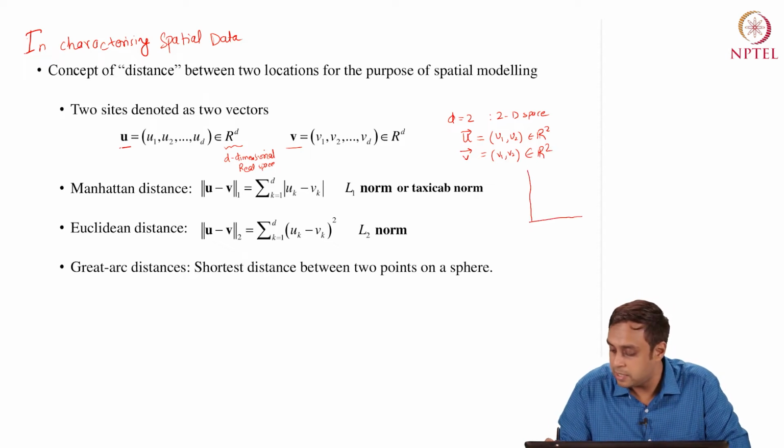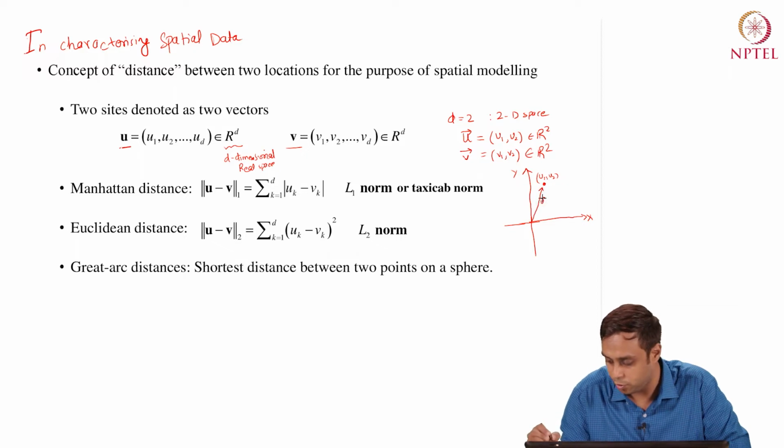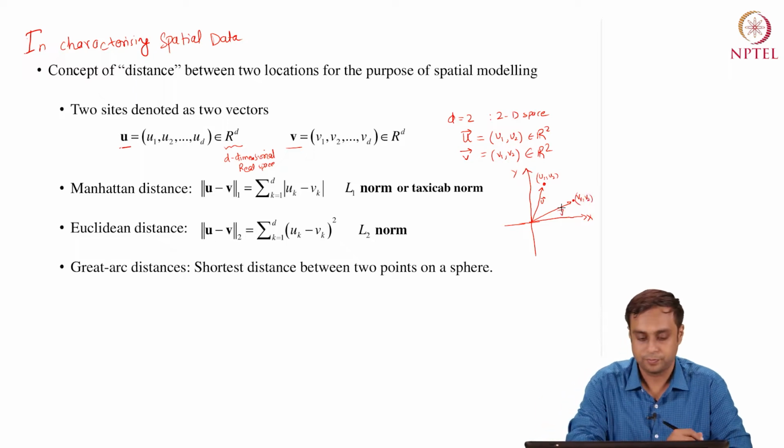And in this two-dimensional real space where you have X and Y, we can have vector U given by U1 comma U2 from the origin. This is my vector U, and vector V could be given by joining the origin to a point characterized by the coordinates V1 comma V2.